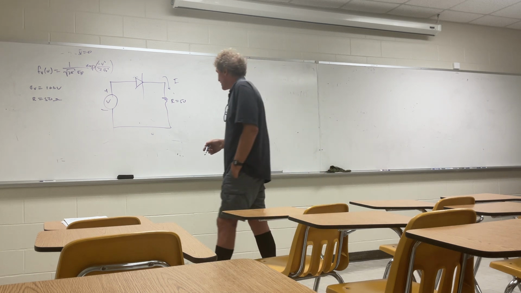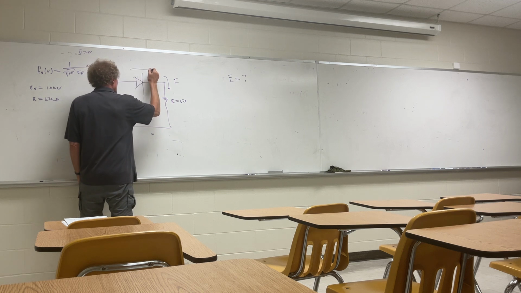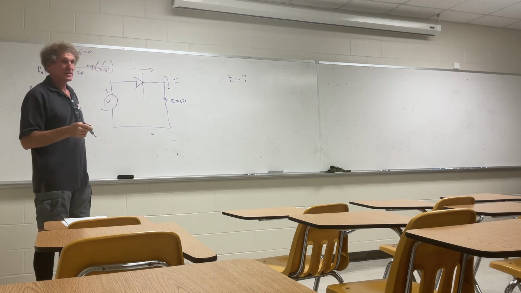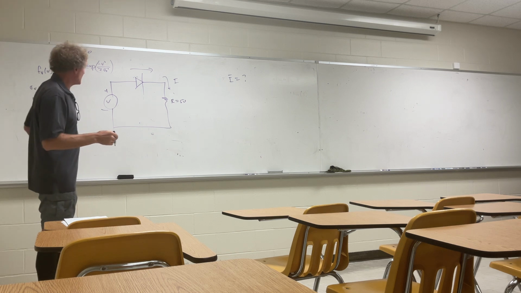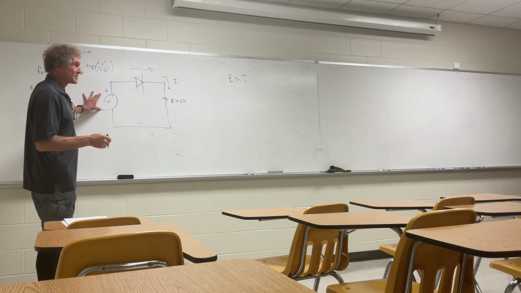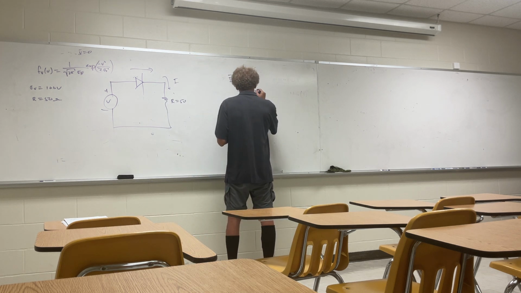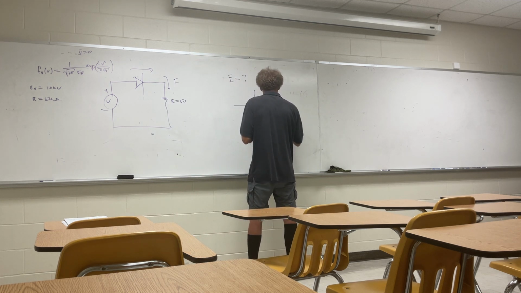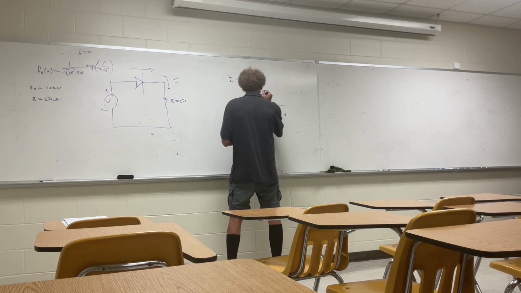Now, the way I've drawn this diode, current can only flow this way, right? I want to make sure everybody sees this. You all with me? That's what a diode does. We know this voltage can have values plus or minus. So if you look at the possible voltage values here, you're going to have negative values here, positive values here.